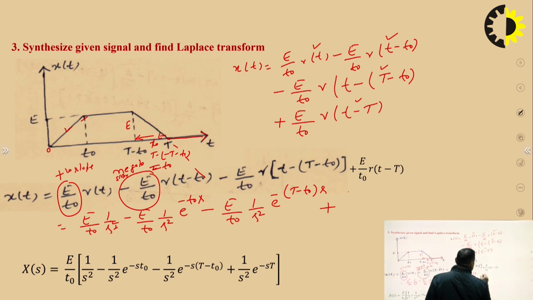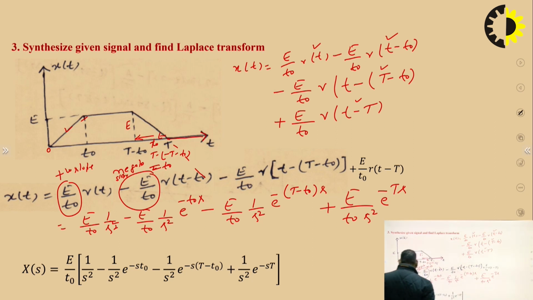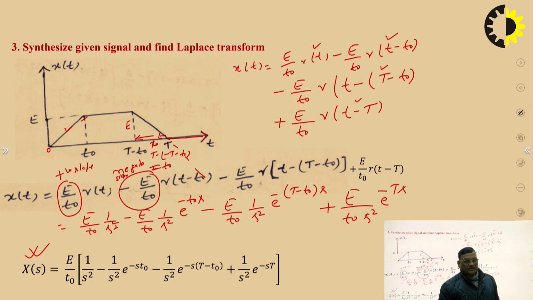Plus it is also a ramp, so E by t0 s squared e to the power minus Ts. So this is the Laplace transform of this waveform. Any complex waveshape can be synthesized in terms of either unit step or ramp.